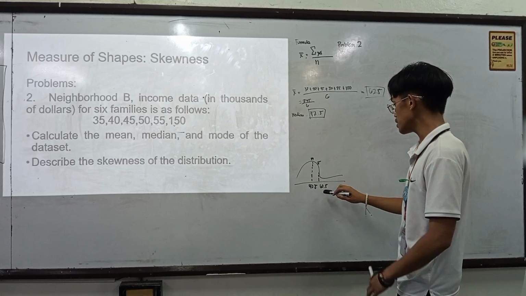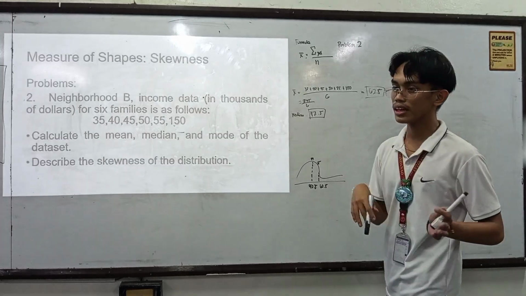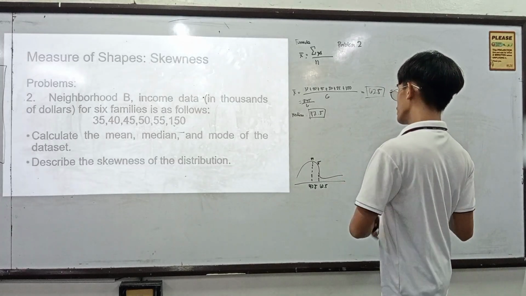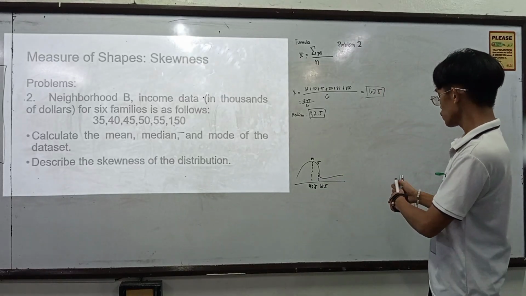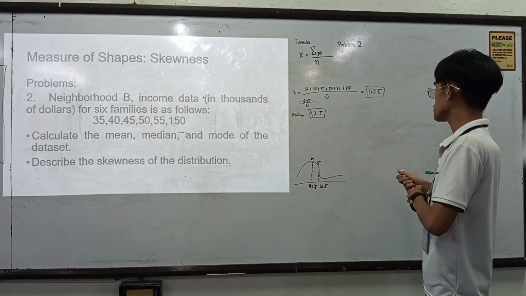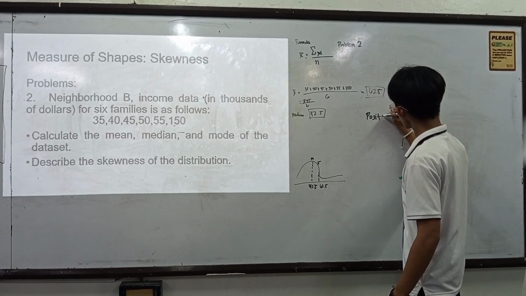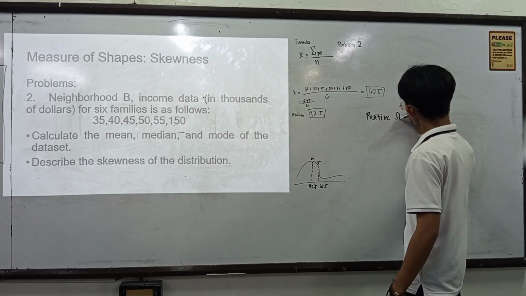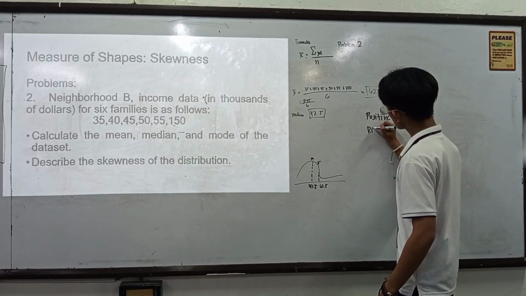Therefore, it should be located on the right side of the median. So this is an example of positive skew, or the right skew.